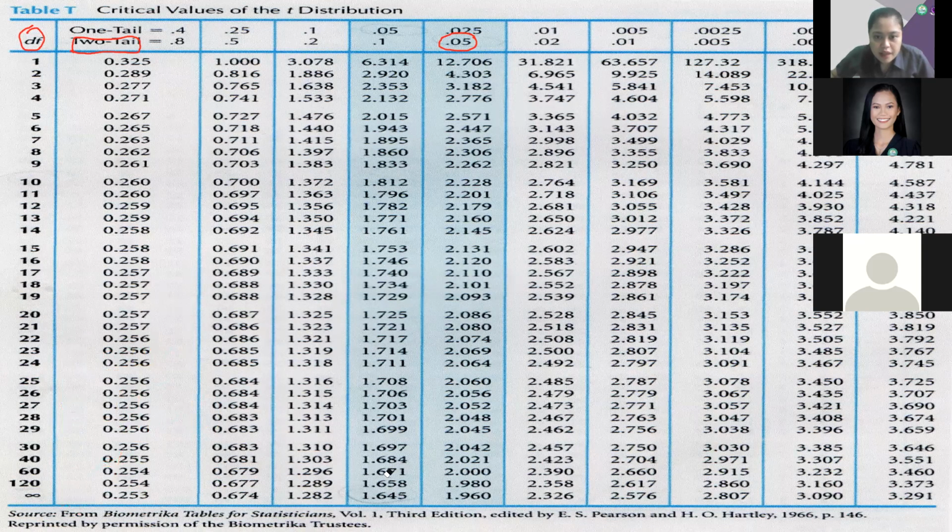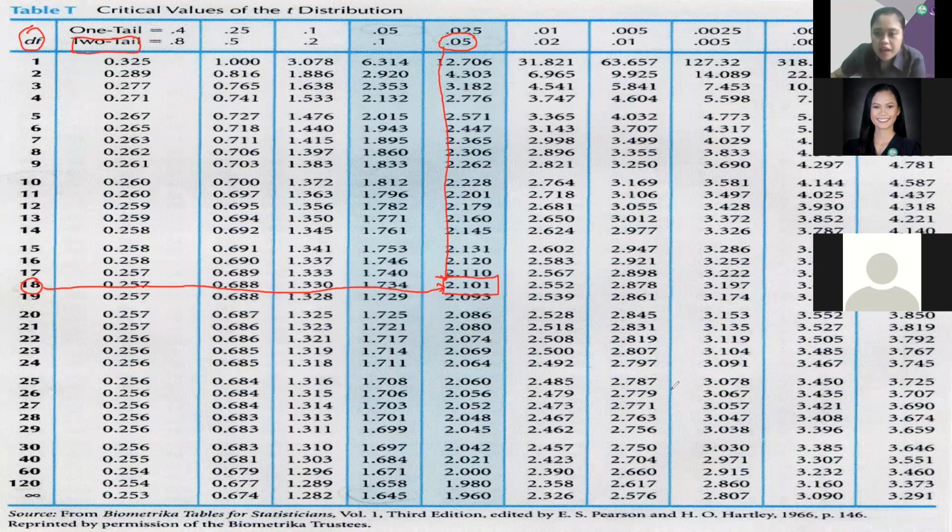So again, our DF is 18, here, and then 0.05. We will look for where they meet, class. Okay, this one. So this is it. Our tabular value is 2.101. Please take note, our tabular value is 2.101.